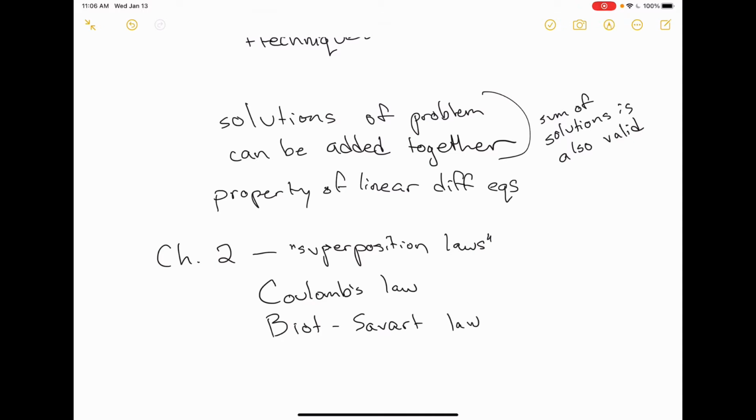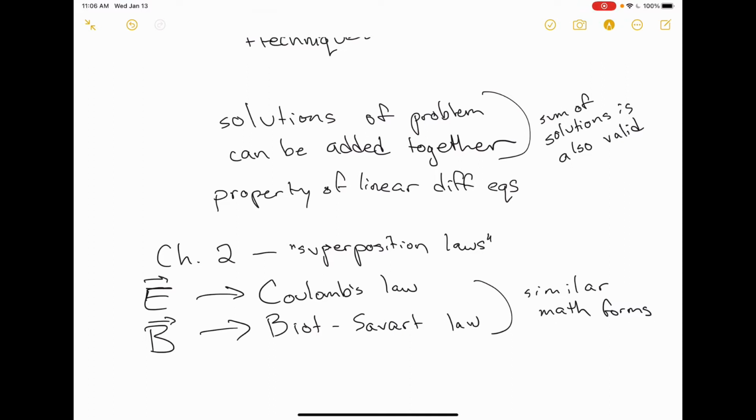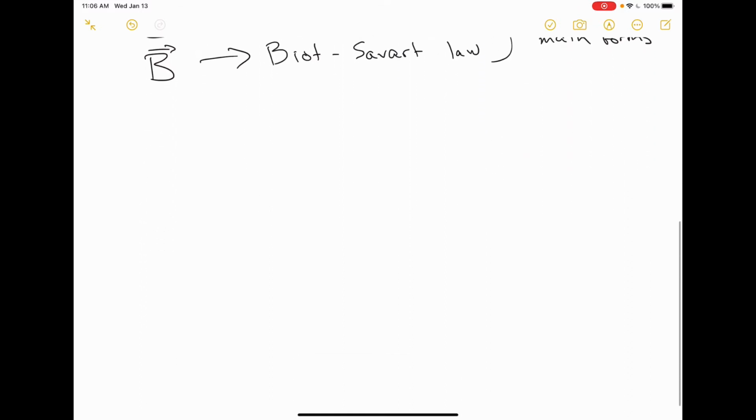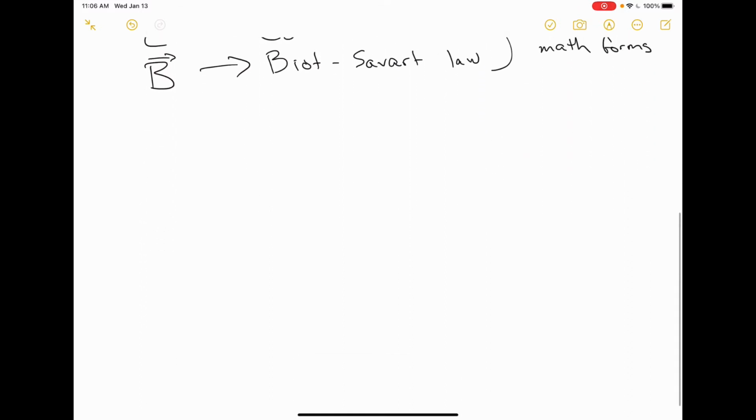They're grouped because they have similar mathematical forms. Coulomb's law refers to the electric field, and the Biot-Savart law refers to the magnetic field. Today we're going to talk about Coulomb's law stuff, starting with electric charge.